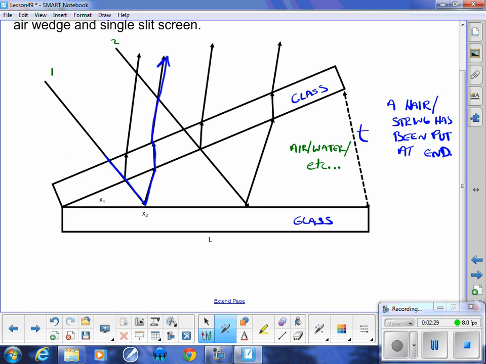So there are those alternate paths. We're looking at what's happening with light that gets reflected at the back of the first piece of glass, and how that affects the light that gets reflected off the back piece of glass.